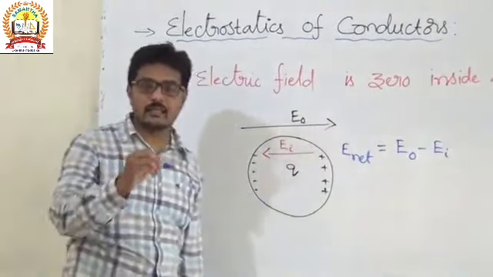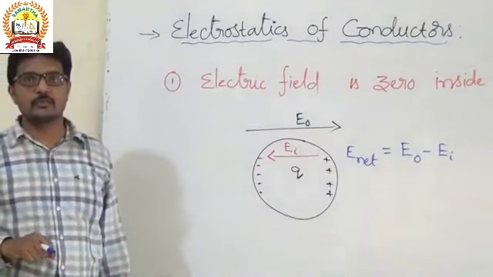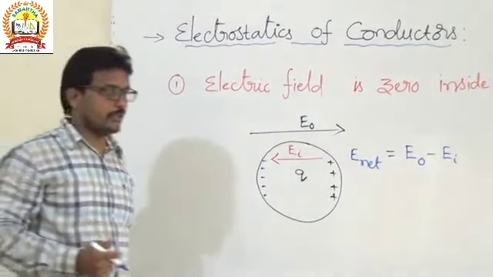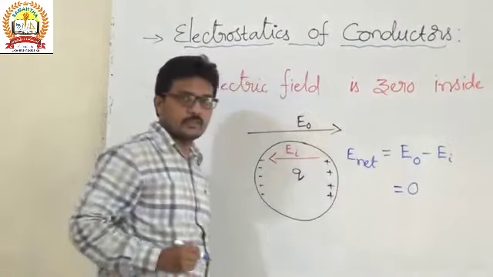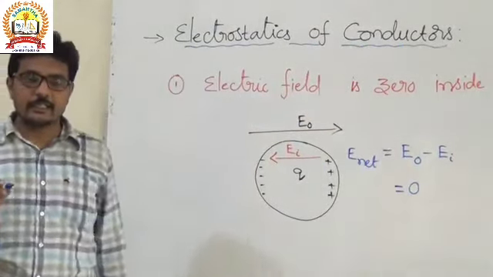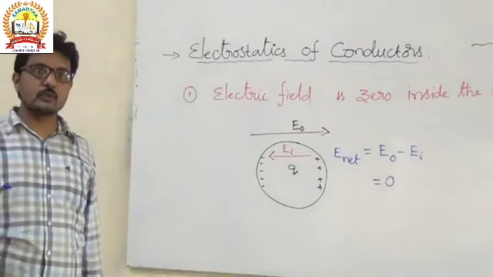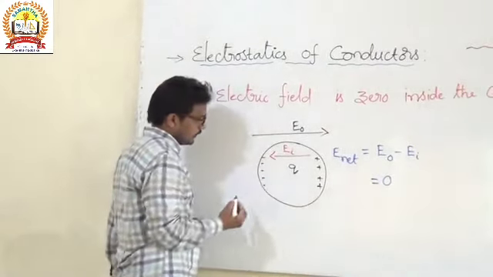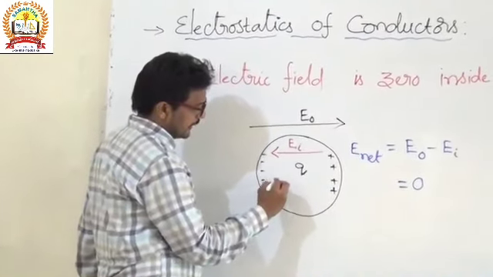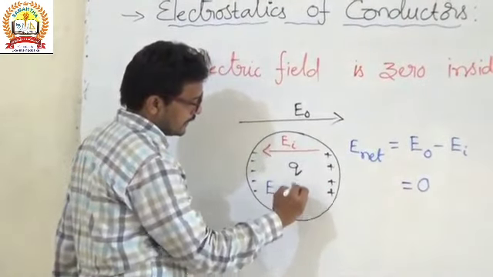Magnitude wise they are the same, and the direction is opposite, so the net electric field will be 0. This is the reason the electric field is always 0 inside the conductor. So we came to know that the net electric field is 0 inside the conductor.